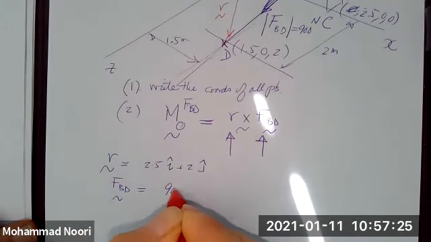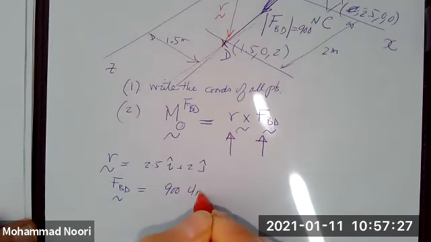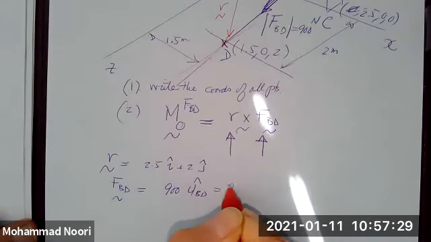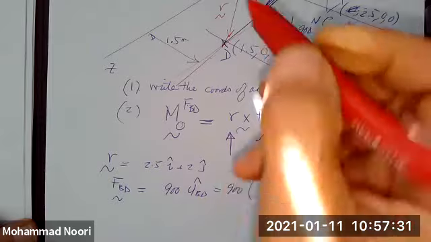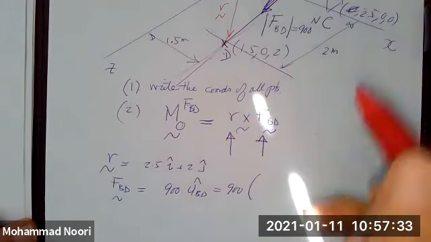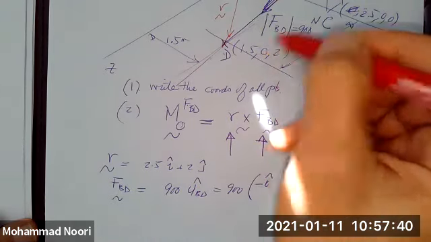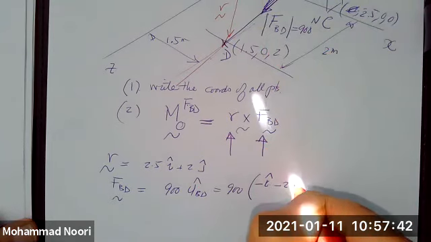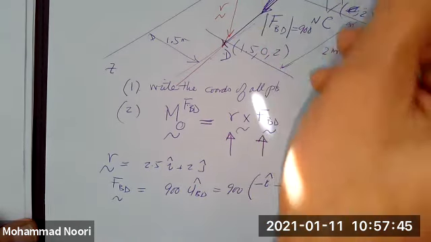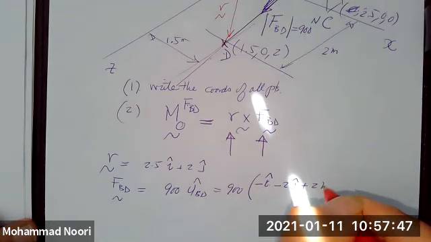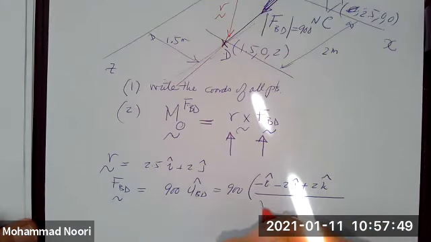How about the vector equation for the force BD? That is the magnitude of BD times the unit vector of BD. And what is that unit vector of BD? Tip minus tail. So 1.5 minus 2.5, negative 1 i. 0 minus 2, negative 2j. 2 minus 0, plus 2k, divided by square root of 1 plus 4 plus 4, which becomes 9.